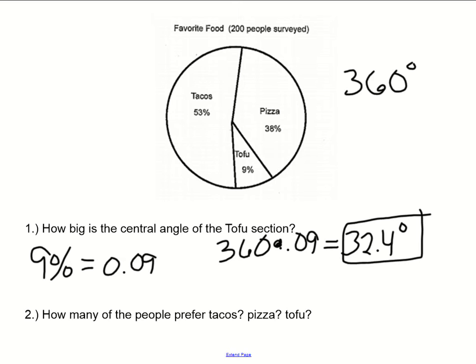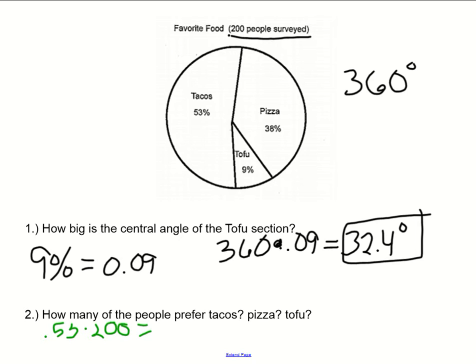So because they gave us the number of people that were actually surveyed, we can find this a little bit easier. We know that 53% of the people like tacos, so we can actually turn that 53% into a decimal, so it'll be 0.53, and if we multiply that by the number of people, 200, we will find out exactly how many people like tacos. And we can do that for each one.